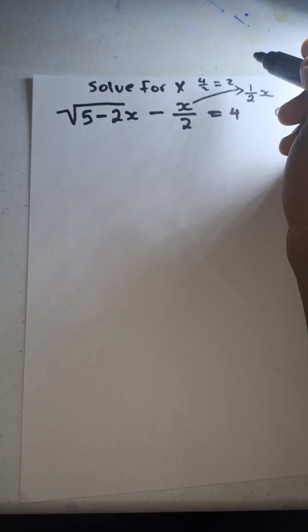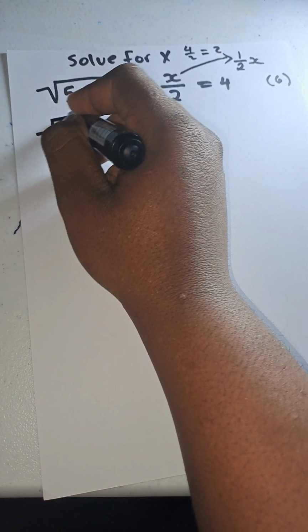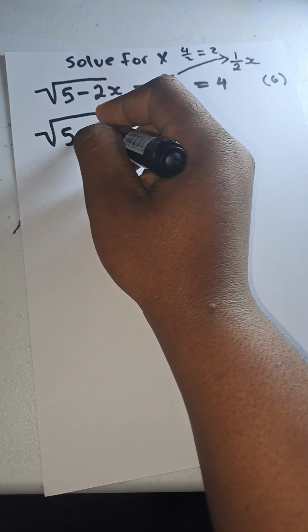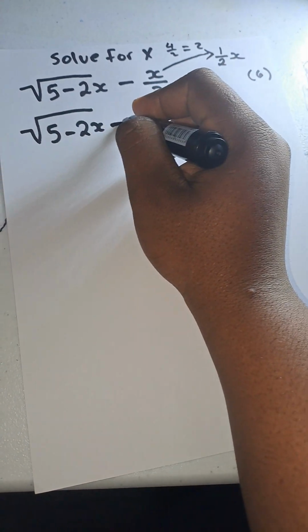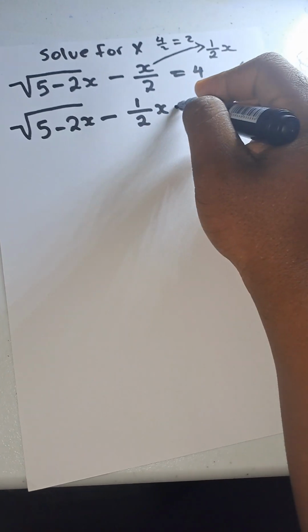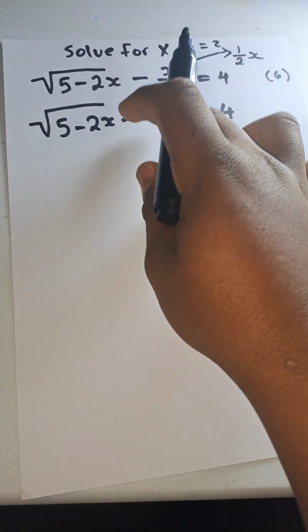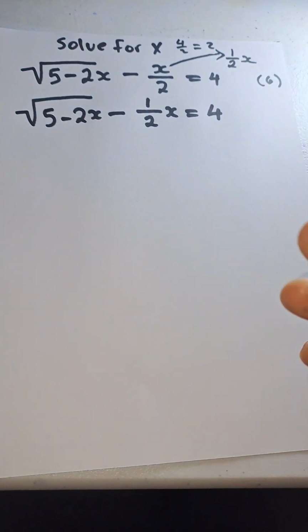Just like 4 over 2, you get 2. You see? Now I'm going to represent it like this: the square root of 5 minus 2x, minus 1 over 2 x, equals 4. Let me take this one to the other side so that I can do my maths.